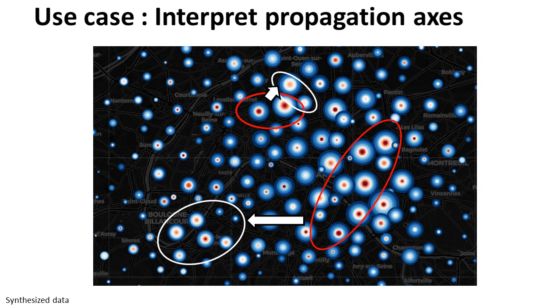For example, here on this dataset, we identify a first series of clusters corresponding, in red, to the first concentration of events, and then another series of clusters here in white, corresponding to spatio-temporal clusters appearing a bit later. And from the location of these successive clusters, we could interpret some propagation axes of the epidemic.